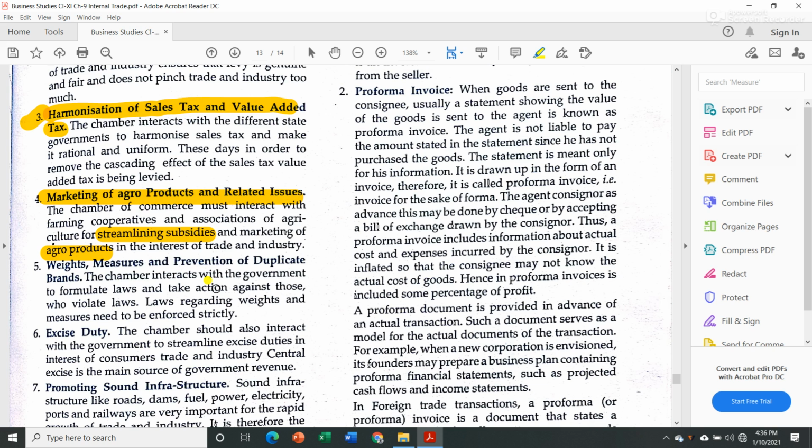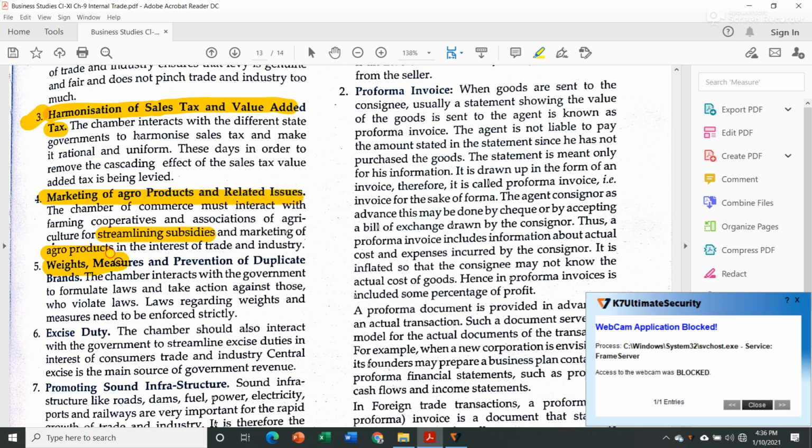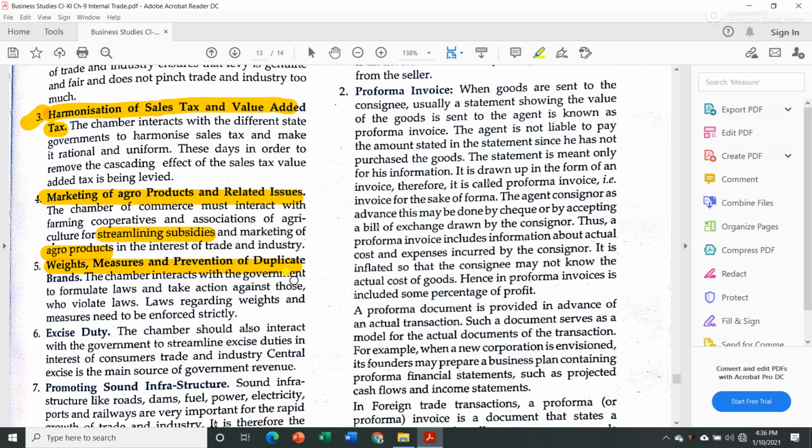in the rural areas also flourish. Then next is weights, measures and prevention of duplicate brands. The chamber interacts with the government. With the help of government, they try to formulate such laws and take action against those who violate those laws. These laws are regarding weights, means standards.